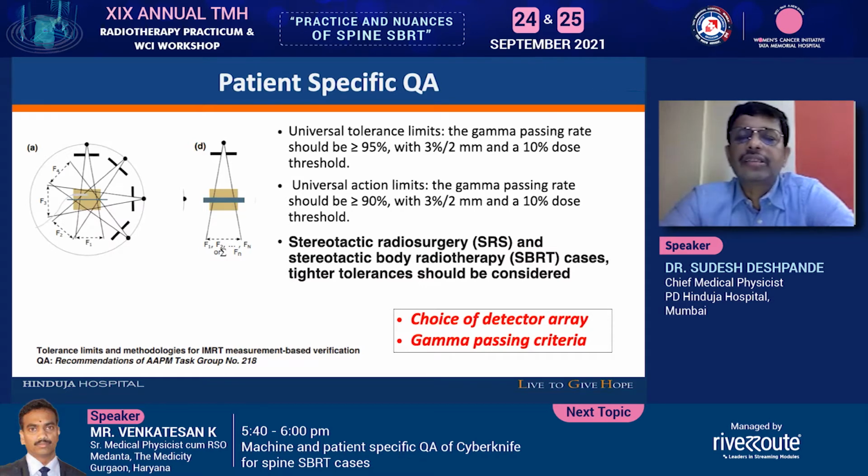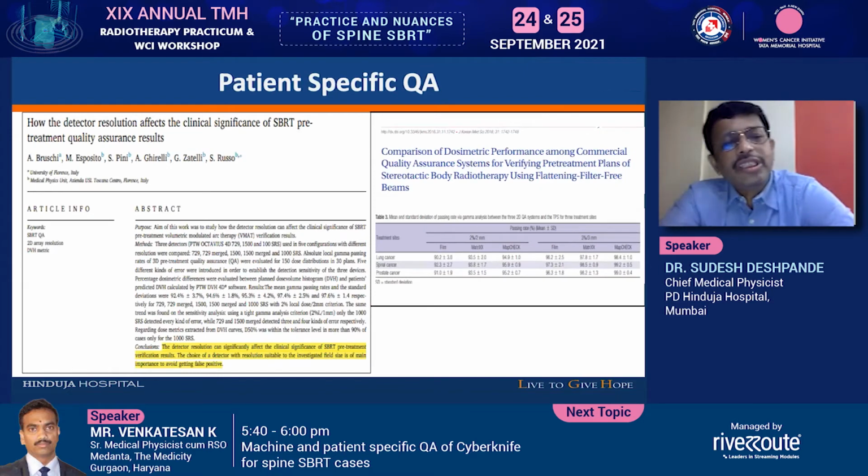Now the challenges come when we do patient-specific QA: the choice of detector array and the gamma passing criteria. We'll go through how the literature talks about these two issues. This is a paper published in Physica Medica, where they studied how detector resolution affects the clinical significance of SBRT pre-treatment quality assurance results. They observed that detector resolution can significantly affect the clinical significance of the SBRT pre-treatment verification results.